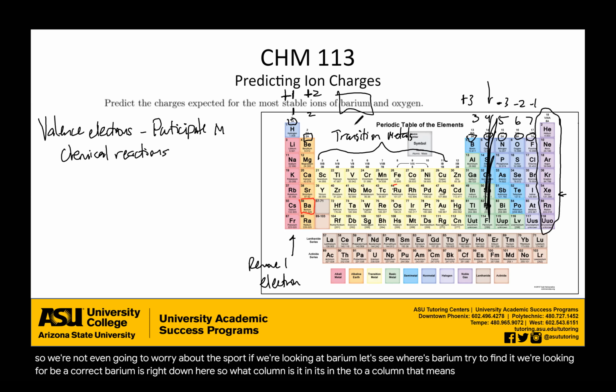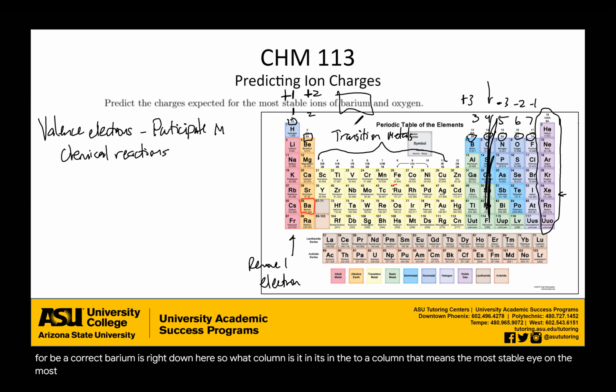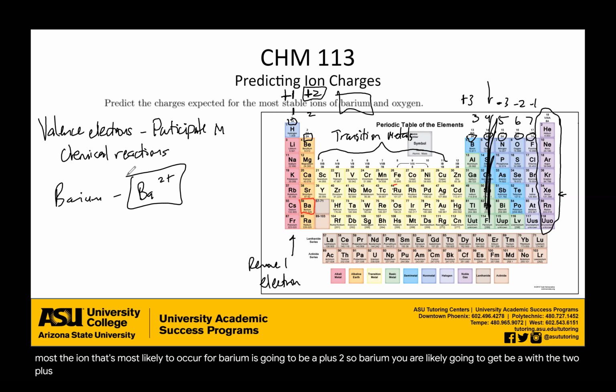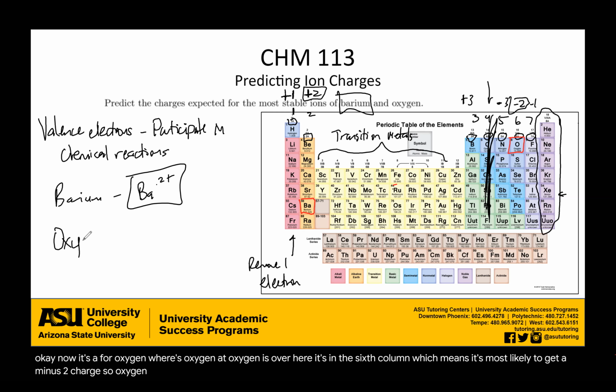That means the ion that's most likely to occur for barium is going to be +2, so you are likely going to get Ba2+. Now let's look for oxygen. Oxygen is over here, in the 6th column, which means it's most likely to get a -2 charge. So oxygen is most likely to have O2-.